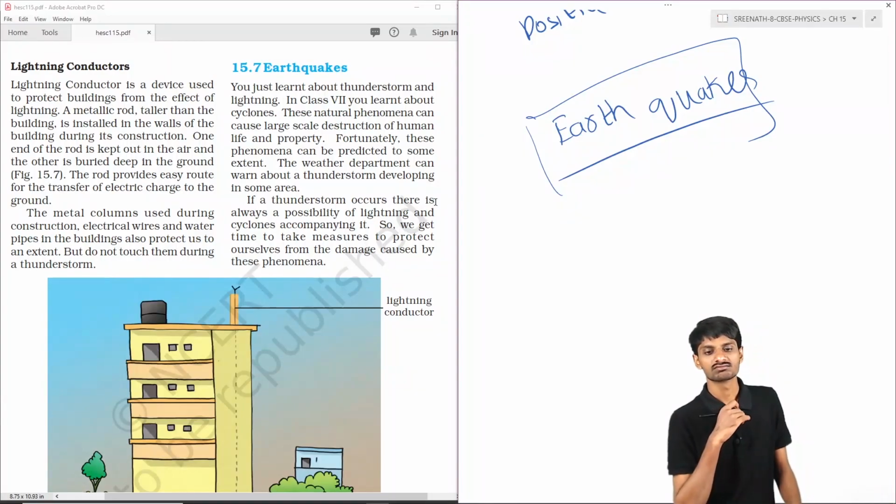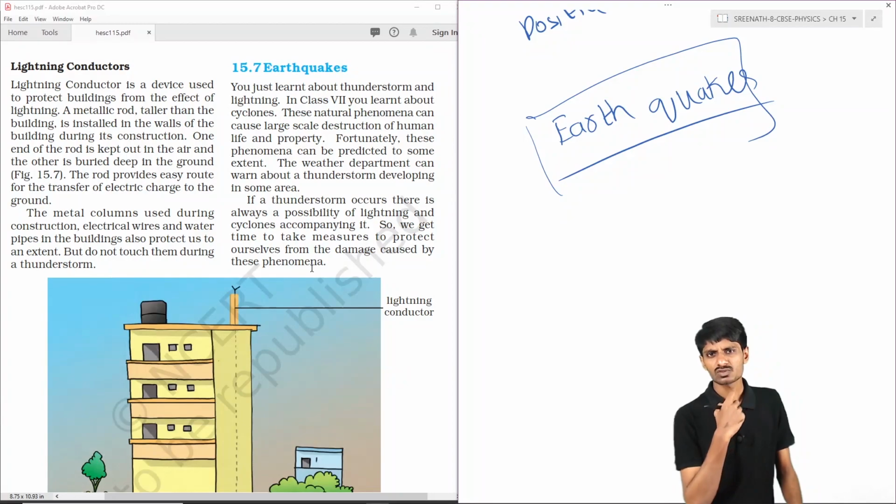It will cause loss of life and loss of property. So we know how earthquakes are formed, but we can't know how to stop them, how to protect from them. Okay, students.